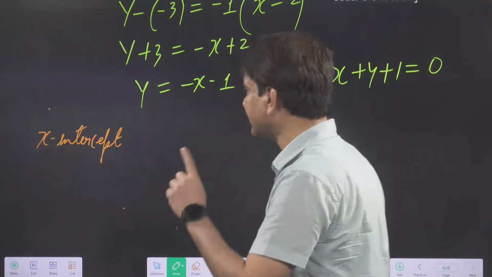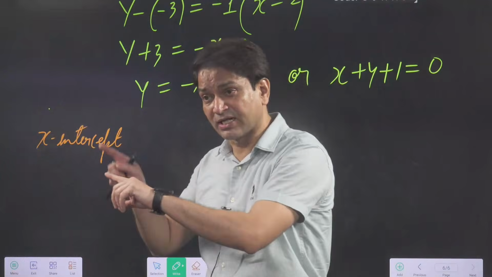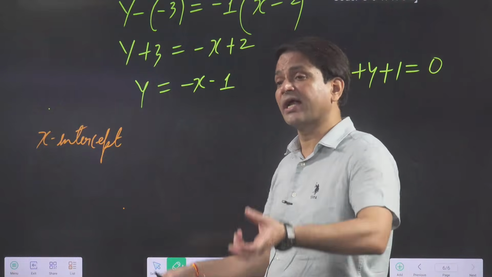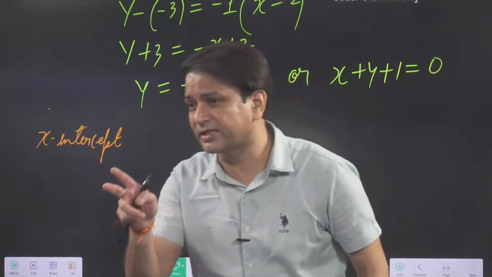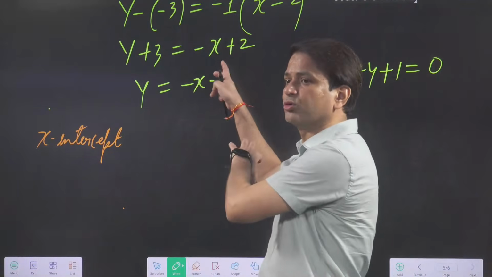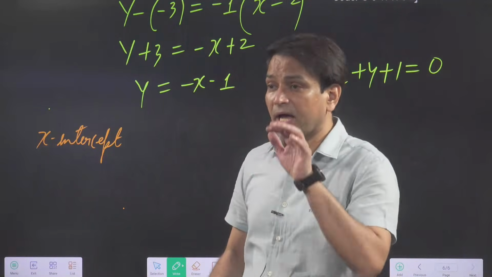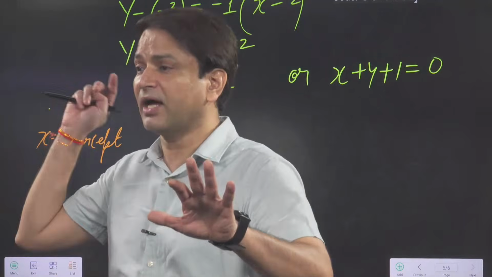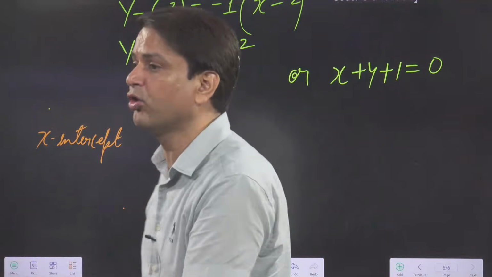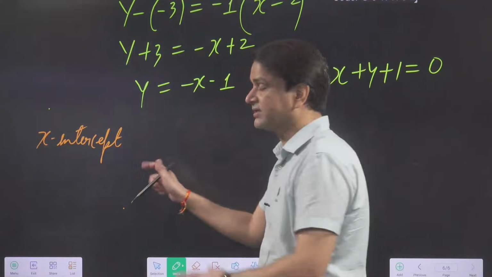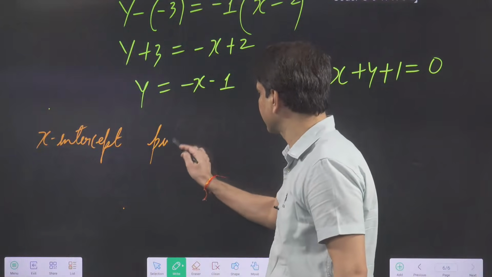So if I want to find the x-intercept, it means the line is cutting the x-axis, and at the x-axis what is the y value? 0. So to get the x-intercept, we will put y is equal to 0 in the equation. Why? X-intercept means the line is cutting the x-axis. When it is cutting the x-axis, on the x-axis what is the value of y? 0.